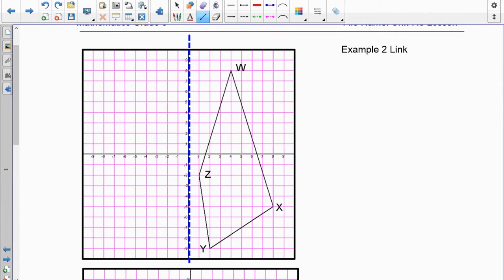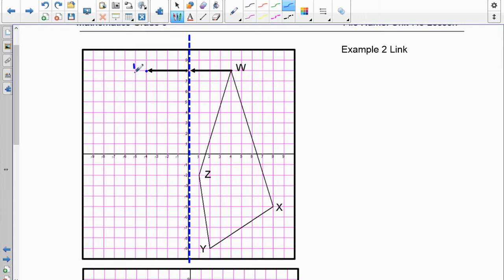Okay, now remember we're going 90 degrees across. So this one here is going to go 1, 2, 3, 4 to get to the line. Then I've got to go 4 more. 1, 2, 3, 4. So that means my new point is going to be right here.